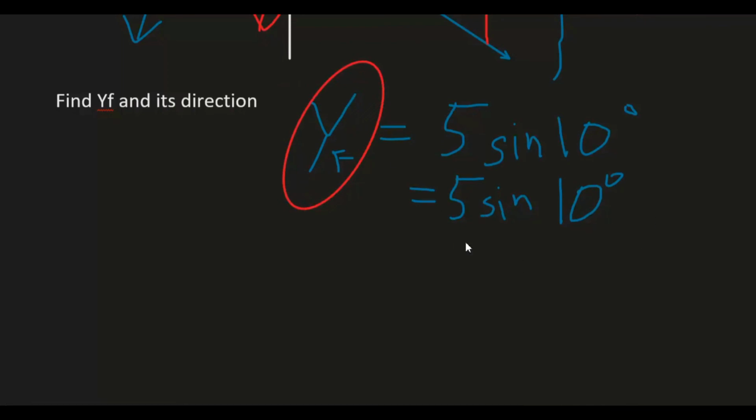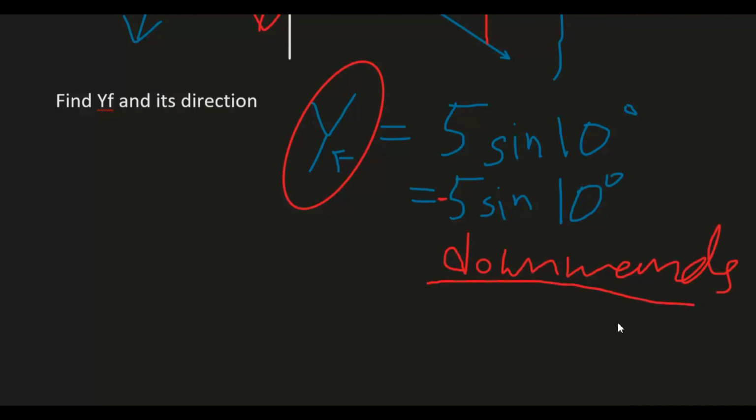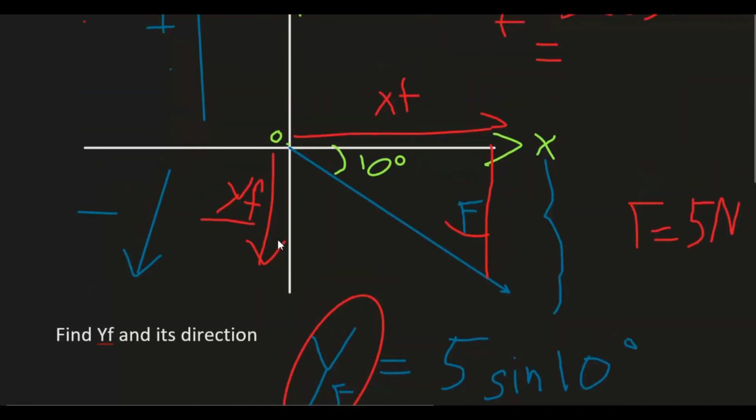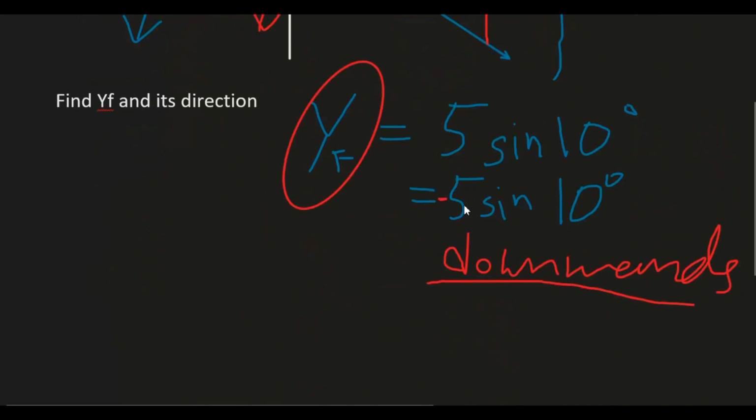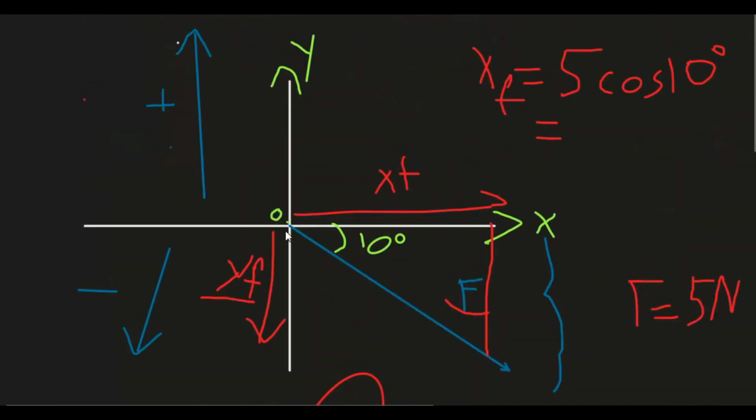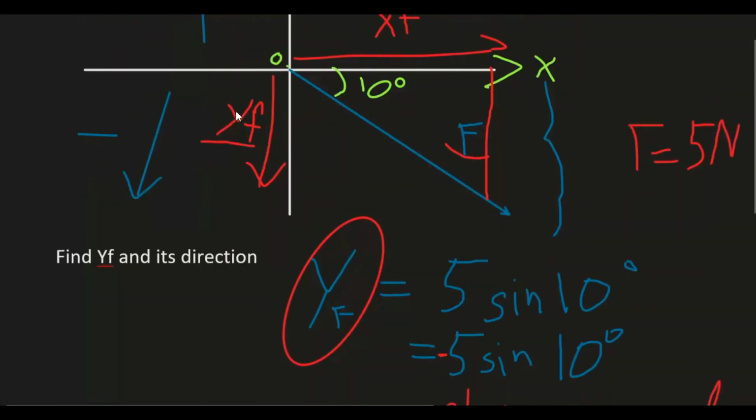Either you can say downwards, or you can say 5 sine 10 degree negative. The choice is yours. You can either say 5 sine 10 degree downwards because it's going downwards, right? Otherwise you can say negative 5 sine 10 degree. Given that the upper part is positive, negative means down.